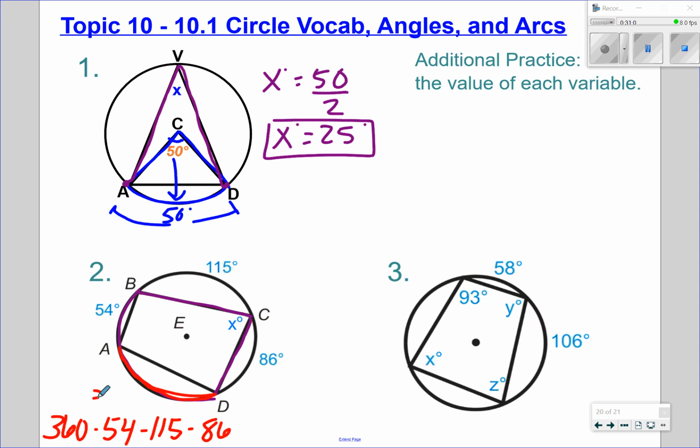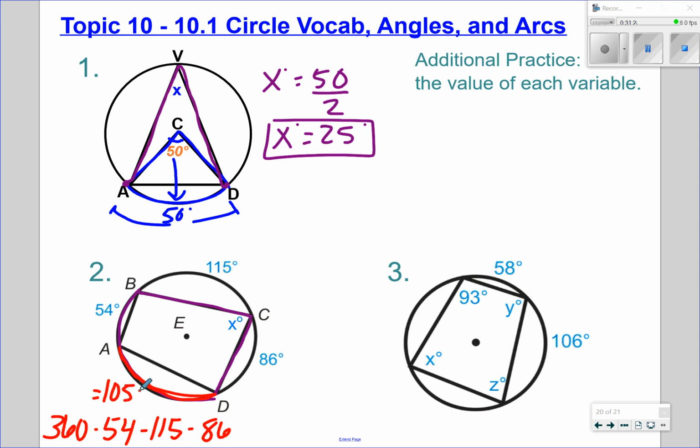All of those adjacent arcs add up to the sum of the degrees of a circle. So 360 minus 86 minus 115 minus 54, you get 105. So that means this arc is 105.